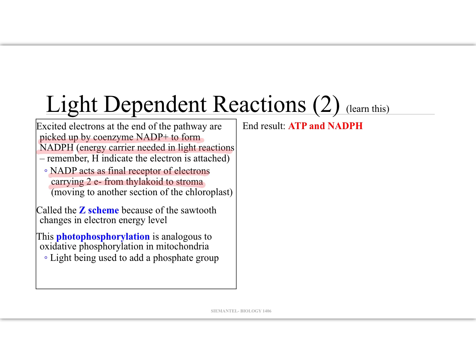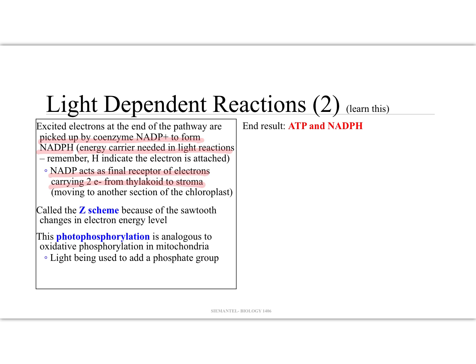Sometimes the movement of these electrons is referred to as the Z-scheme shape. And when you see the picture that's coming up, that'll make more sense. So this whole process is known as photophosphorylation, and it is the equivalent of oxidative phosphorylation that takes place in cellular respiration, which is happening in the mitochondria.